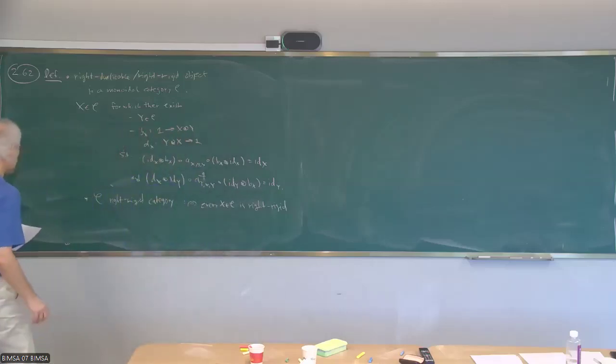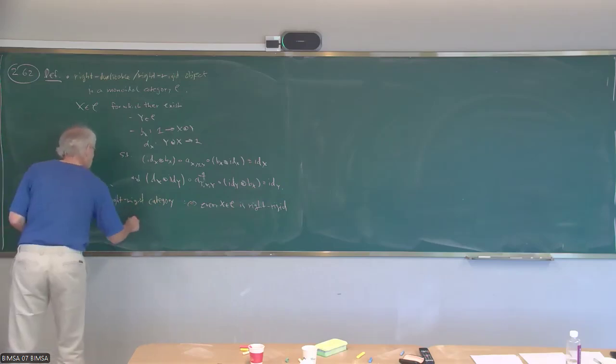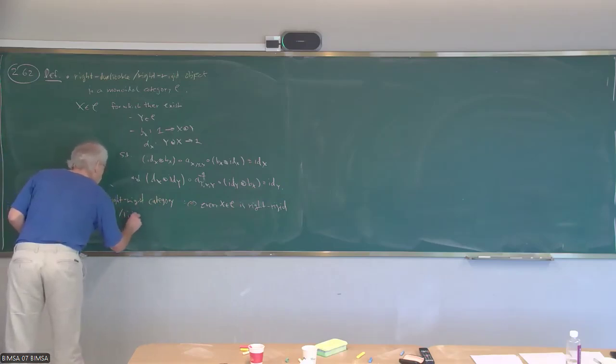And in particular, in the older literature and pure category theory literature, instead of right rigid, one also says right autonomous.